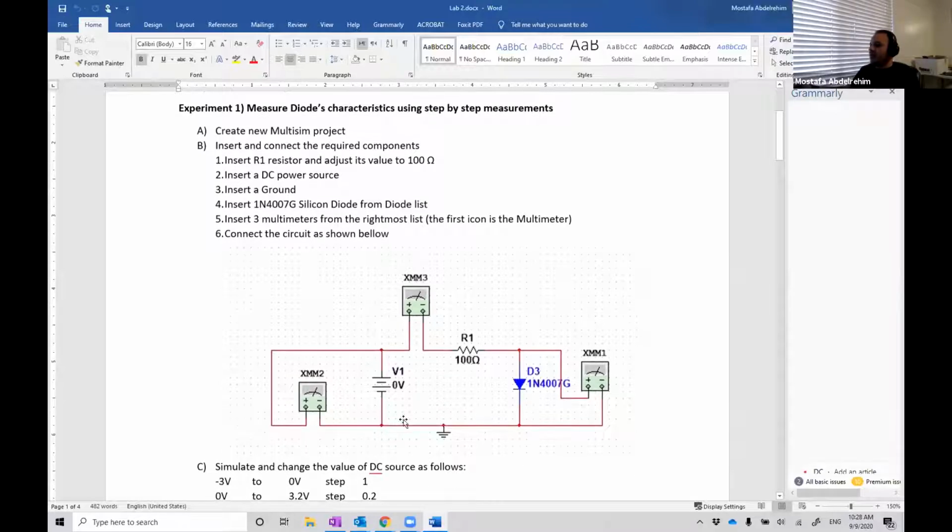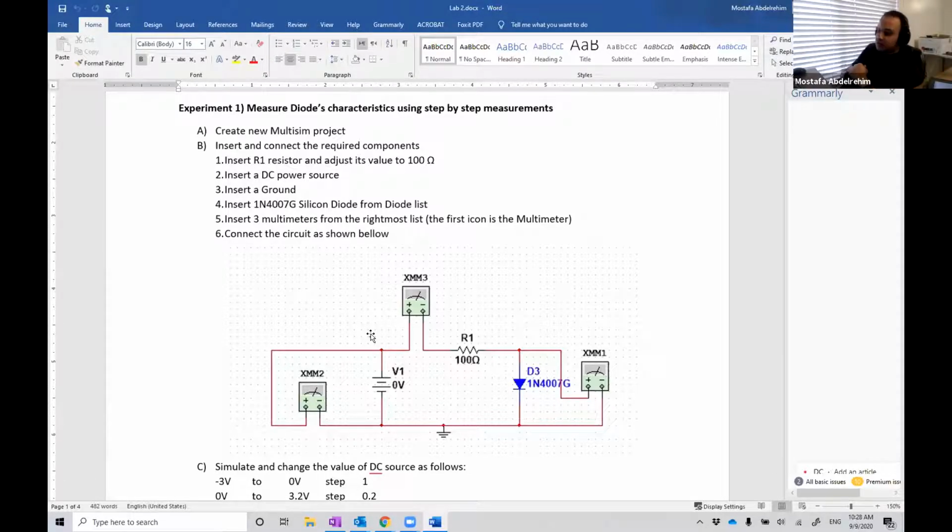We have here the battery, okay, and here is a resistor, and here is the diode, and I put 3 multimeters, one parallel to the diode, which I set to measure the voltage, another one in series with the resistor, and of course also with the diode, to measure the current of the diode.